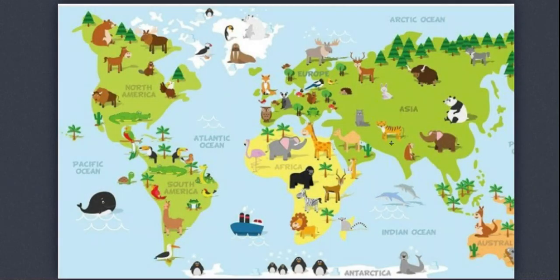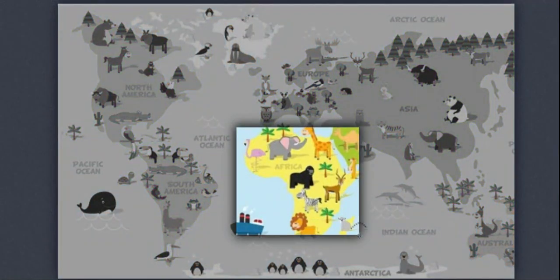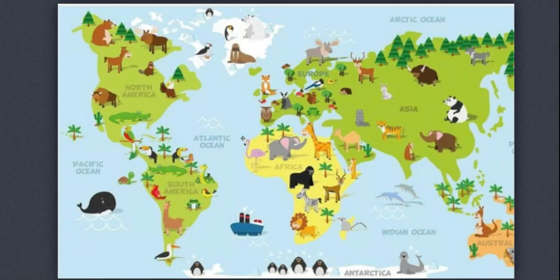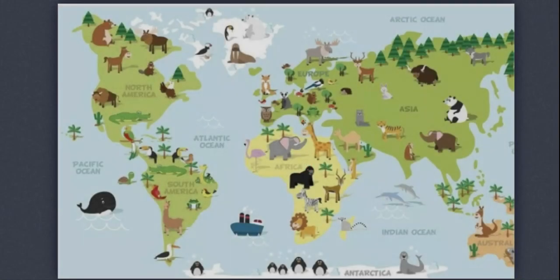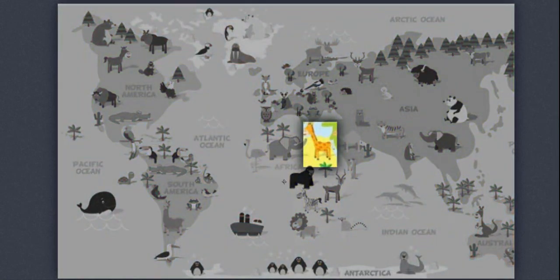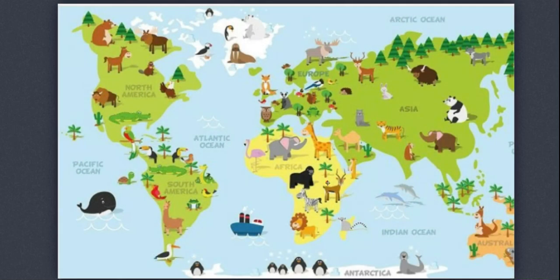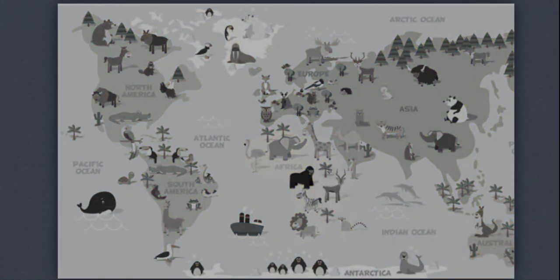Okay, now let's see what do we have here in Africa? So we have a flamingo, right? We have an elephant. We have a giraffe. We have a gorilla. And I think this is a gazelle right here.